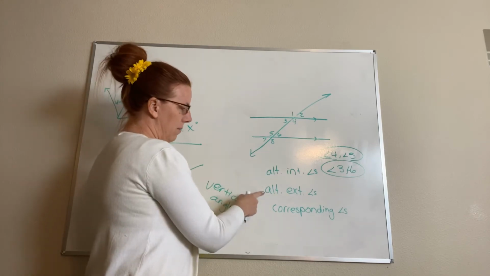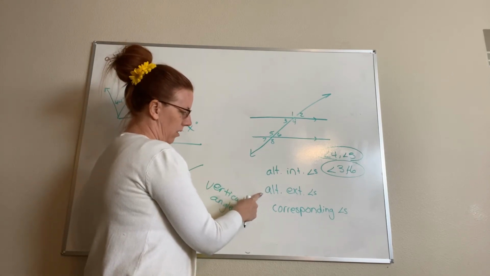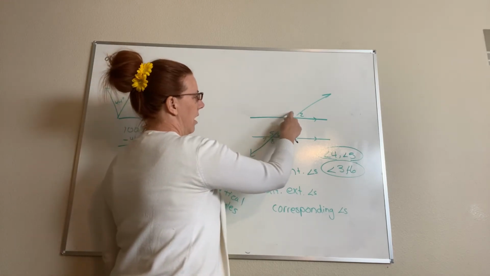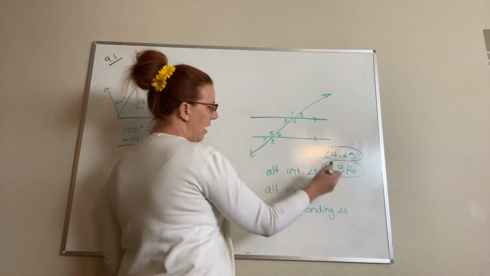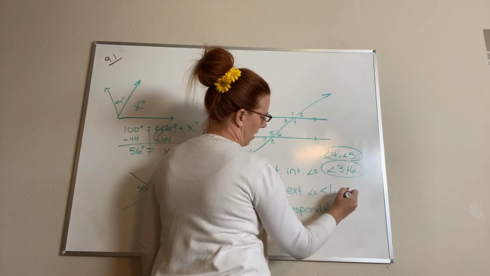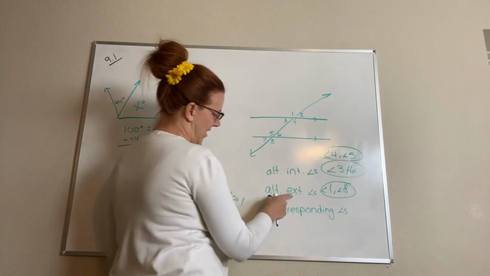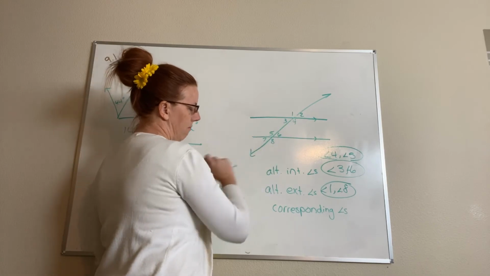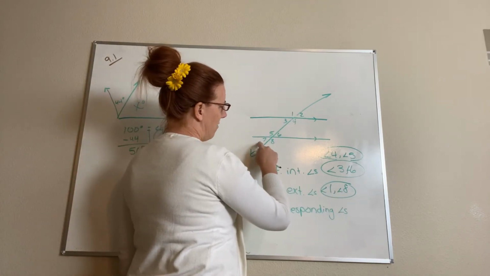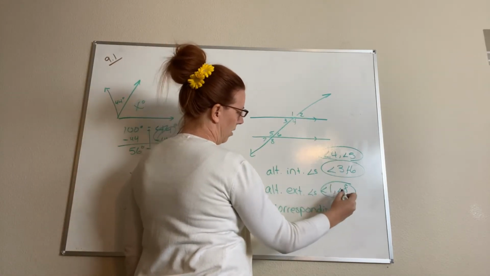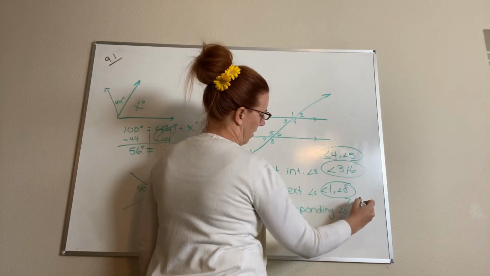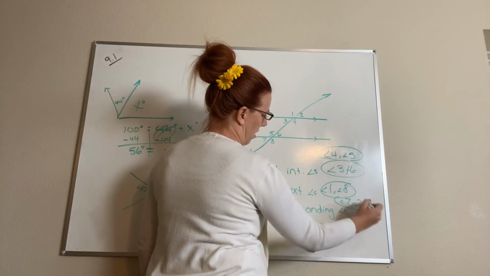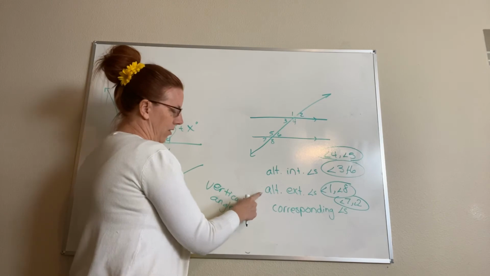Let's talk about alternate exterior angles. Remember, those are these guys. So angle 1 and angle 8 are alternate exterior because they're on the exterior and they're on opposite sides, right? And 7 and 2 are also alternate exterior angles, okay?